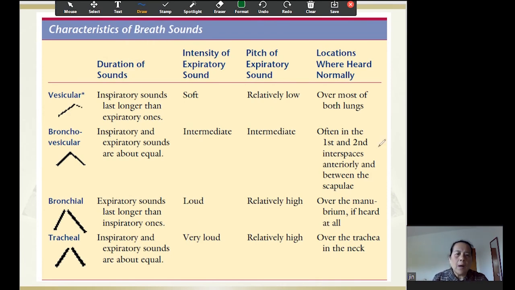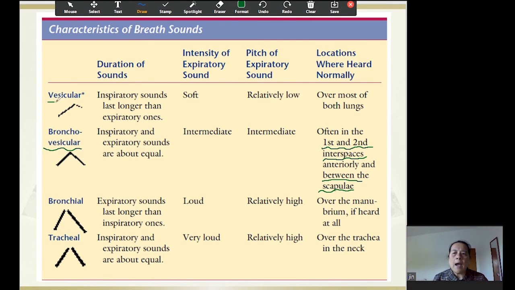We say you can only hear it in the first and the second intercostal space because the lung tissue is pretty small there. And also the back area, between the scapular bone area. So that's the bronchovascular sound.